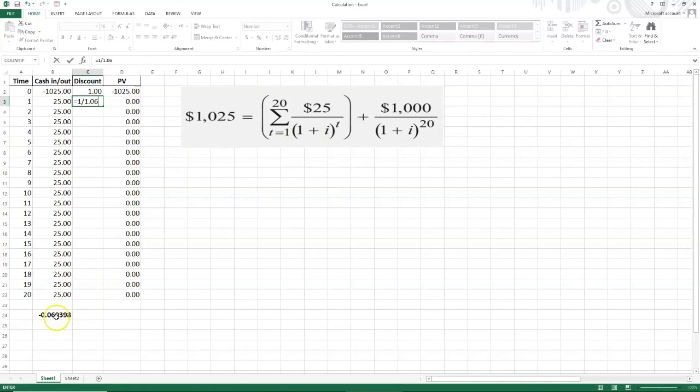1.06, this value, and subsequent to that, we divide this by the same figure, and then we drag the same equation.